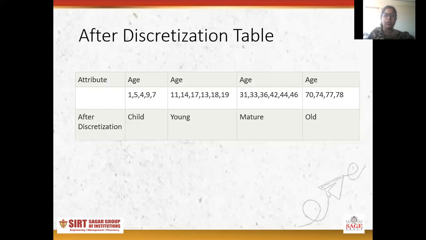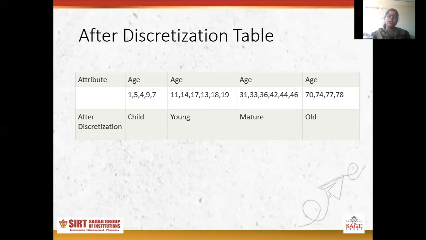And if we go for discretization, the attributes after discretization look like this: the ages 1, 5, 9, 4, 7 are of child age. Then for the young, it will be 11, 14, 17, 13, 18, 19. Again, the mature age is 31, 33, 36, 42, 44, 46.